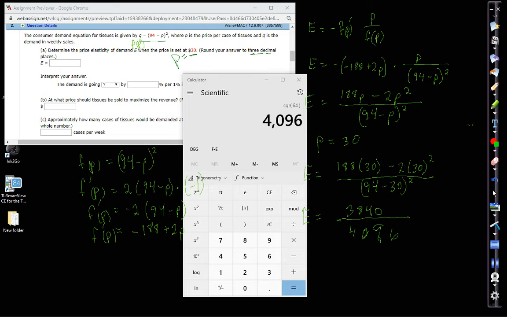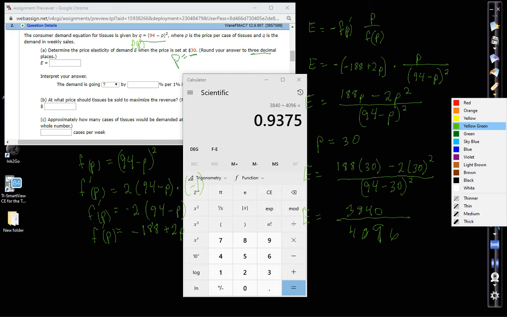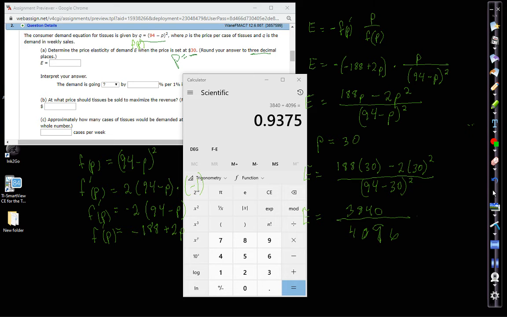So we do our math here, 3,840 divided by 4,096 gives us 0.9375.